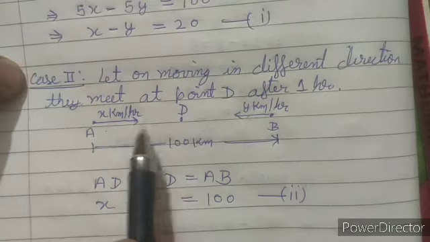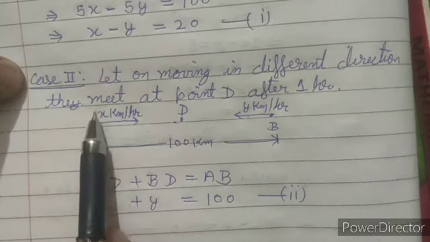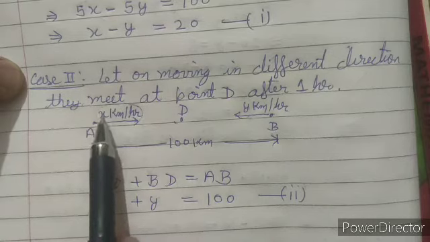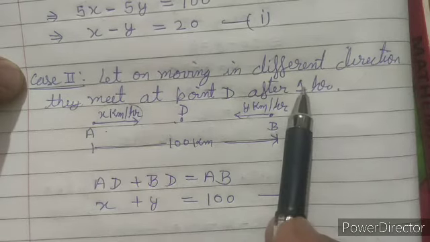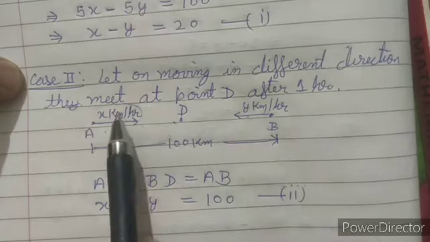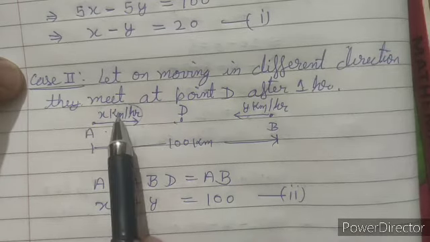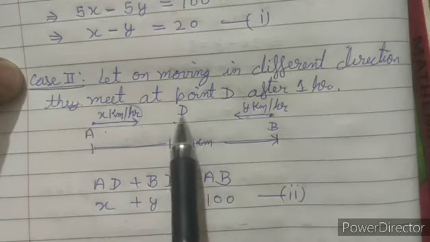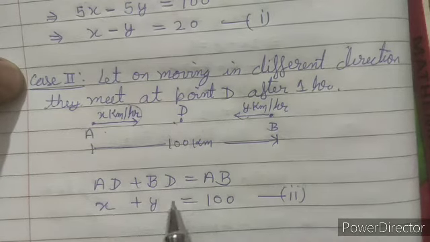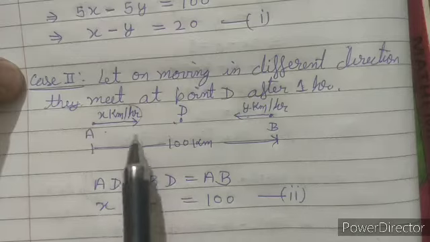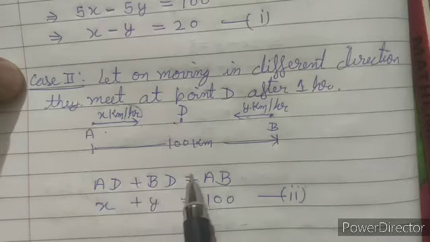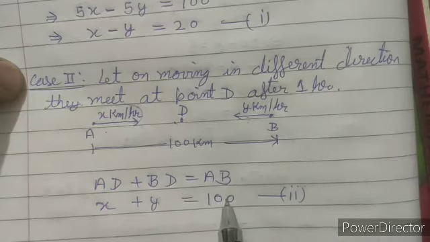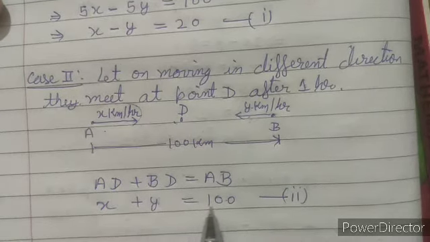Now distance AD will be the distance covered by the car moving from A at a speed of x km per hour in 1 hour, and this distance will be x into 1, that will be x. BD will be y into 1, that will be y, and as we know AD plus BD was equal to AB, and distance AB is given to us, that is 100. So the second equation will be x plus y equal to 100.